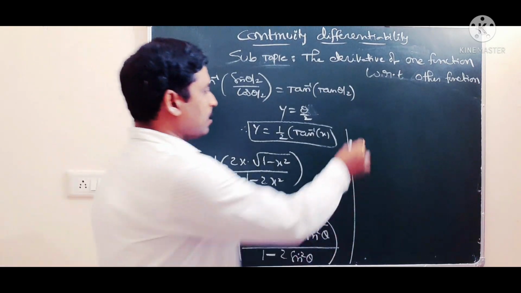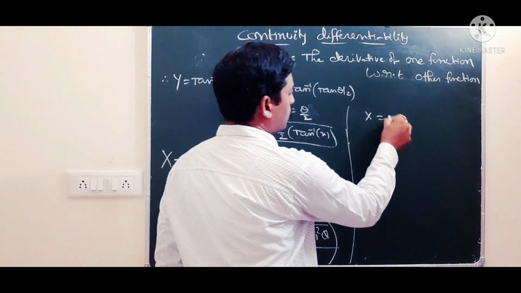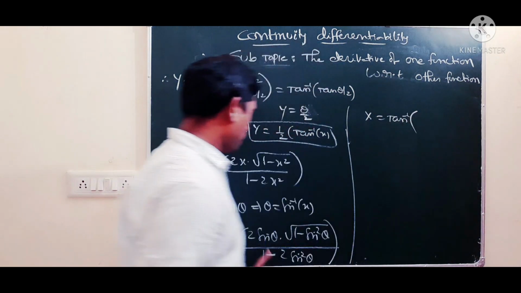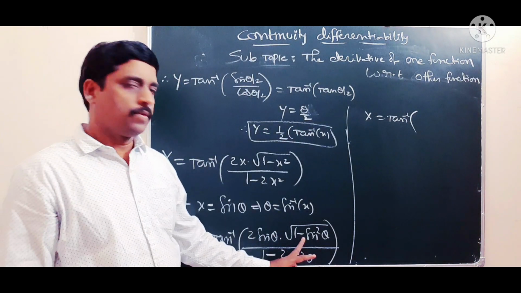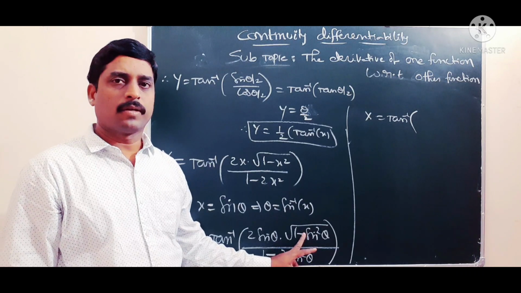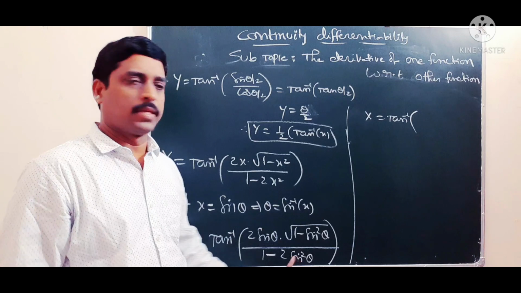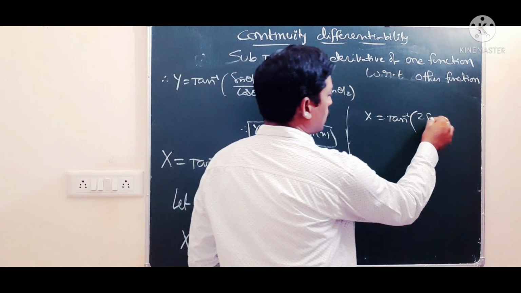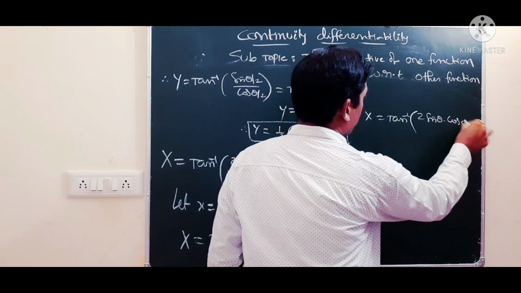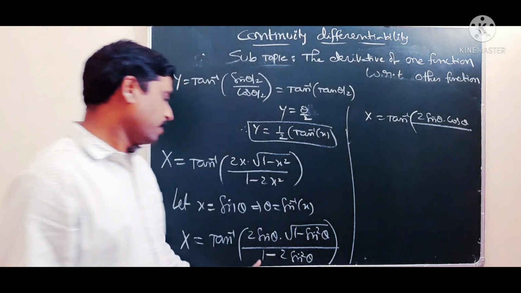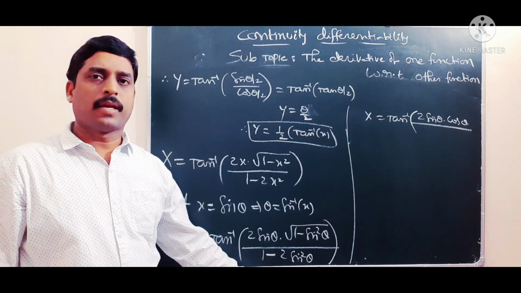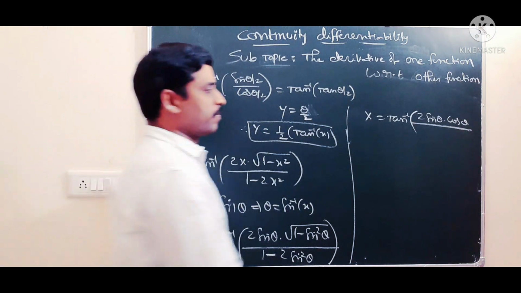So tan inverse of x is equal to tan inverse of 2 sin theta into root 1 minus sin square theta, which is cos theta. And 1 minus 2 sin square theta is cos 2 theta. So 2 sin theta into cos theta, this whole divided by 1 minus 2 sin square theta, which is cos 2 theta.